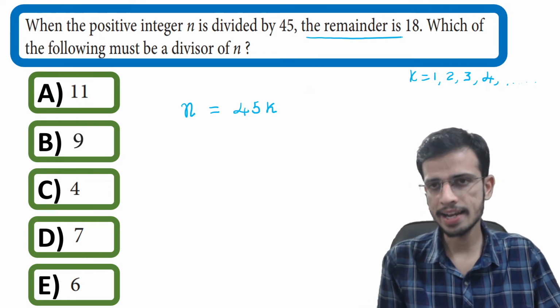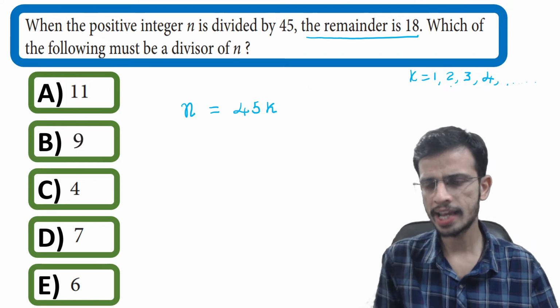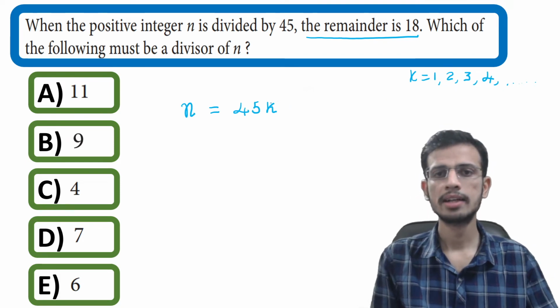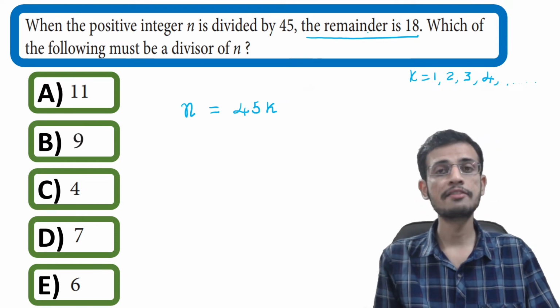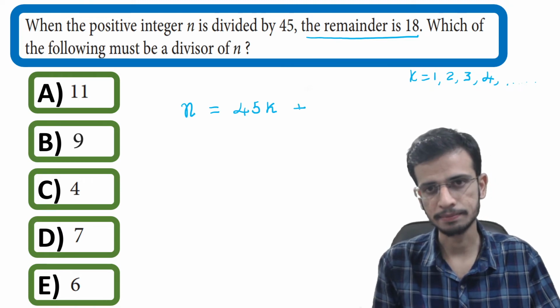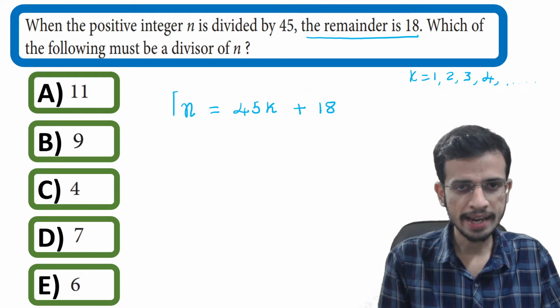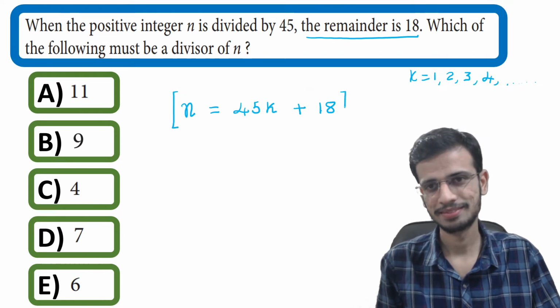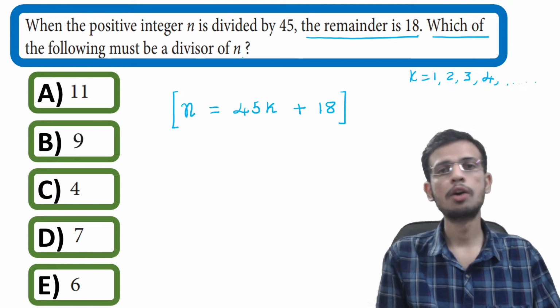So we have to write n equal to 45 times k, and you can put k as 1, 2, 3. If you divide this by 45, you will be left with k only. But here you are left with a remainder of 18. So you can write n equal to 45 times k plus 18. Right? So we have defined n. Which of the following must be a divisor of n?